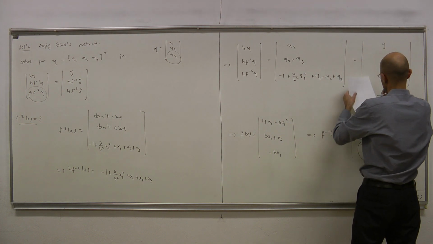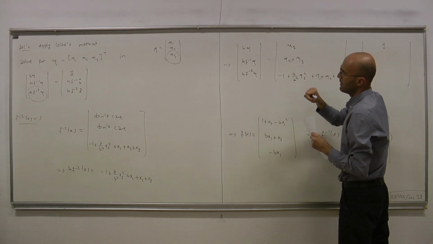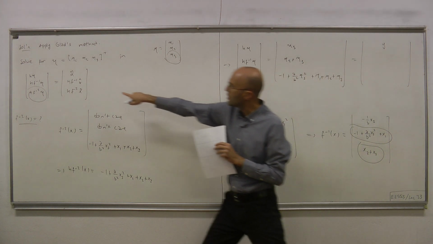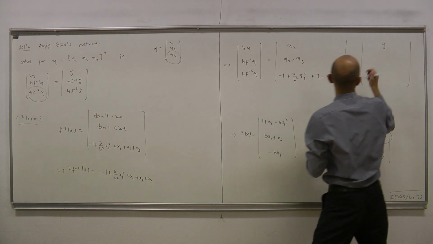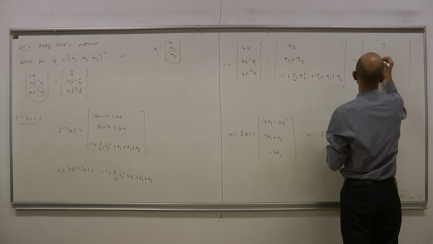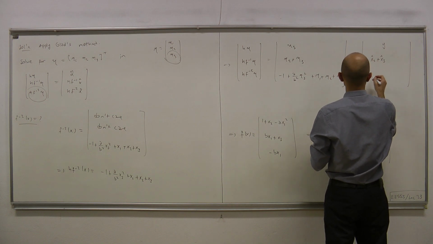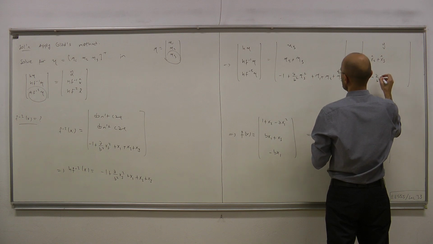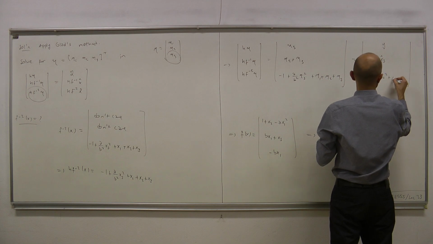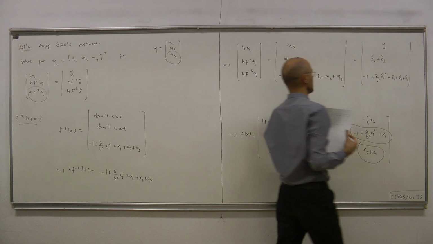And then the second entry equals h f inverse x hat. Therefore we simply have x2 hat plus x3 hat. And for the third entry we simply have minus 1 plus a b squared x3 hat squared plus x1 hat plus x2 hat plus x3 hat.